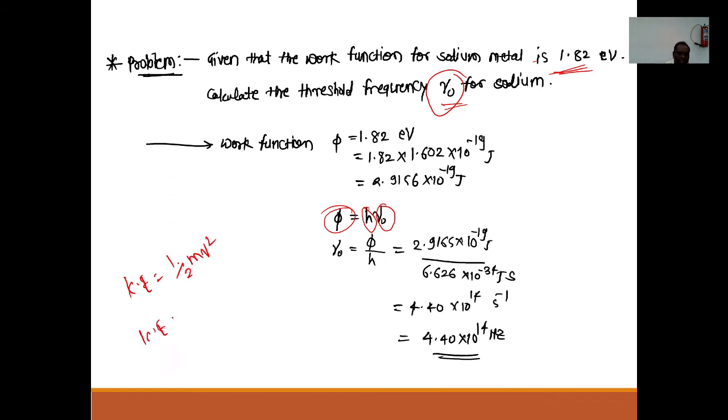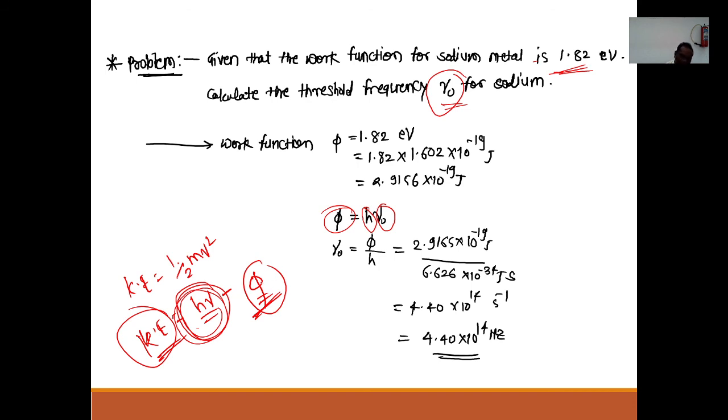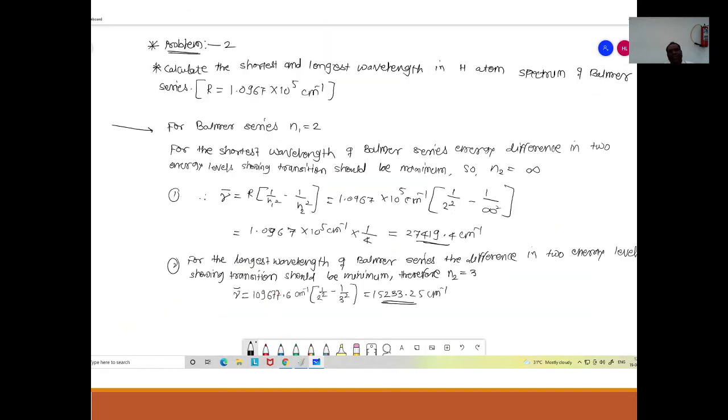Kinetic energy of the ejected electron is equal to h nu minus psi. They may give the threshold frequency and work function, they may give this h nu value, and ask to calculate the kinetic energy. They may give the kinetic energy and the radiation wavelength, then ask to calculate the phi value, that is the work function value. So other way around problems can be asked in the exam. Please remember that. This is all about the problems in chapter number 1.